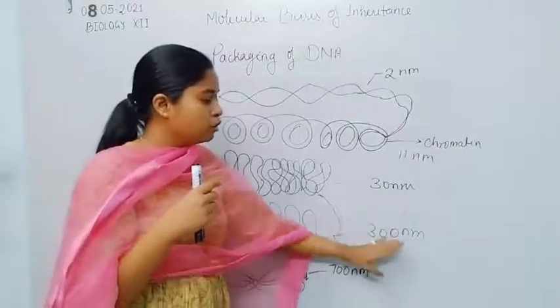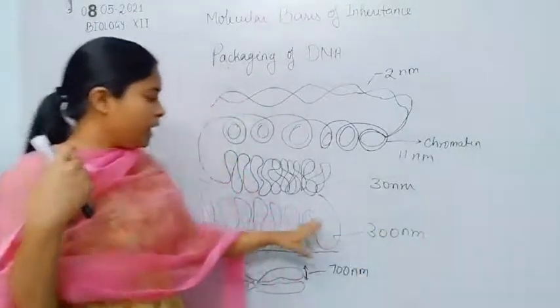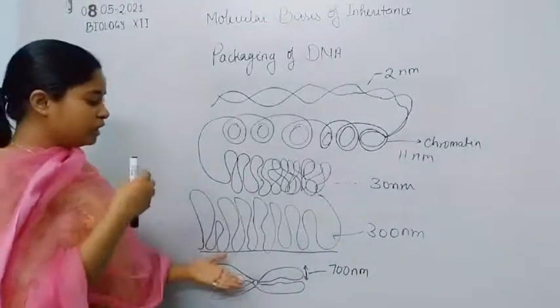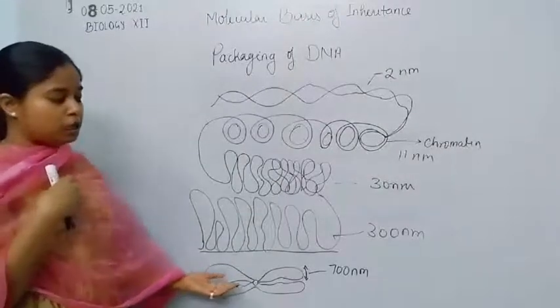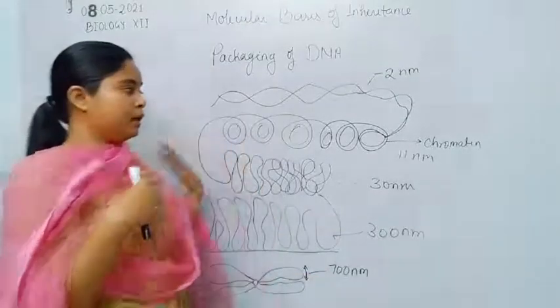The width of the chromosome is about 300 nanometer, and the genetic material becomes more condensed and forms the metaphase chromosome, where the width of this chromosome is about 700 nanometer.